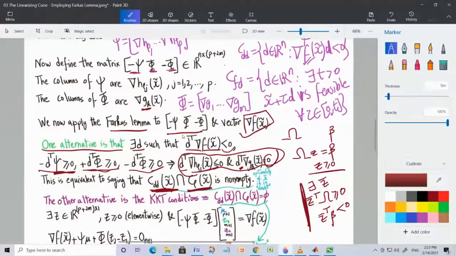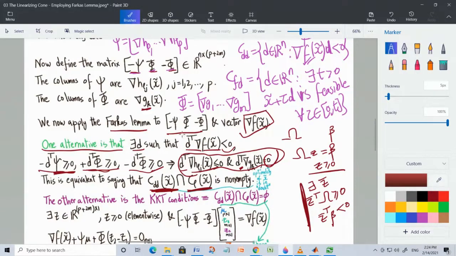It's not optimal because if at x tilde you can move in a direction that is feasible and that leads you to a point at which the function is lower in value, then x tilde itself is not the minimum. It is not the point at which the function is minimum, right?